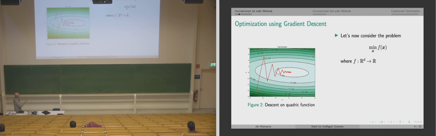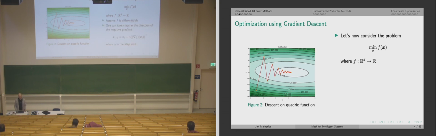We are just minimizing the objective. And note, maybe this is something that I didn't say, we are going to be interested in optimizing functions that map to the real, and that's where the cost function and the loss functions and so on are defined. So we're optimizing a function of many variables to a scalar.